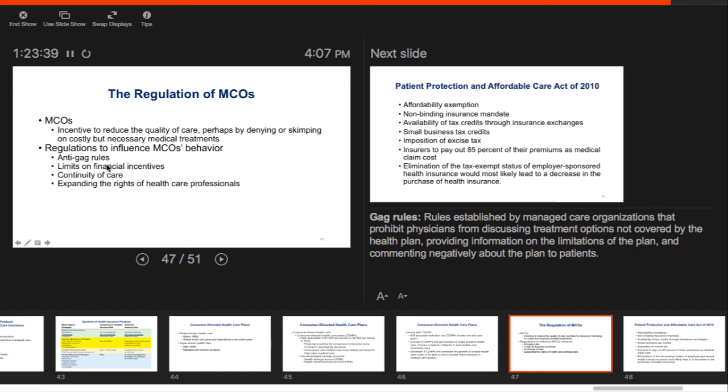Gag rules are rules established by managed care organizations that prohibit physicians from discussing treatment options not covered by the health plan, providing information on the limitations of the plan, and commenting negatively about the plan to patients. These are restrictions of the MCO that should be limited.